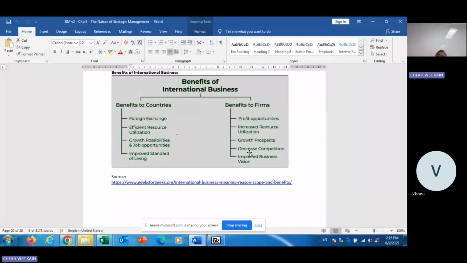The Malaysian government is happy, because if they get money in Malaysia, Malaysia can grow. Second, efficient resource utilization is like what I said just now, the machine one. Growth prospect is the same thing. Improve standard of living: when you're selling to more people, you have more profit, therefore you can pay better wages to your employees, so they improve their living standard.